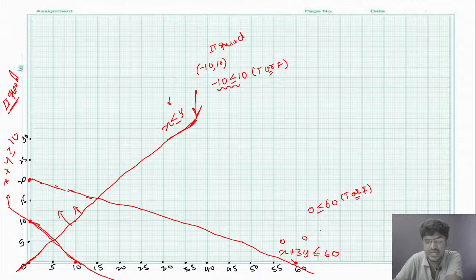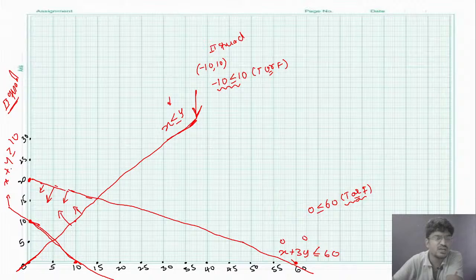So tell me, is the second line true or false? If it is true, the arrow mark must go towards the origin.